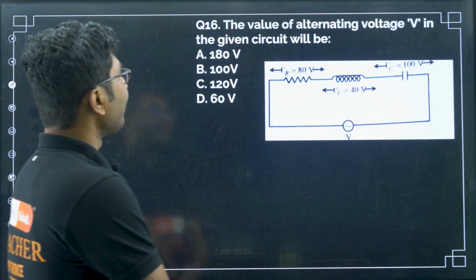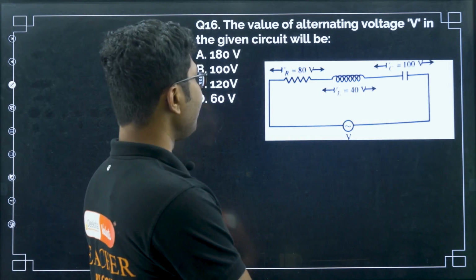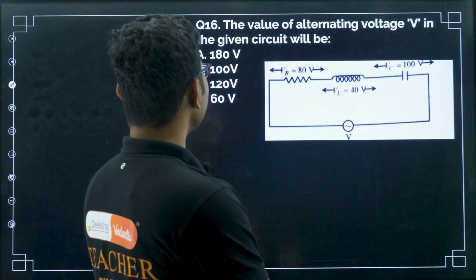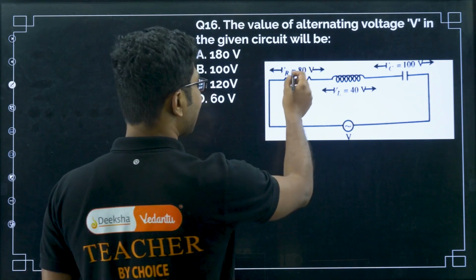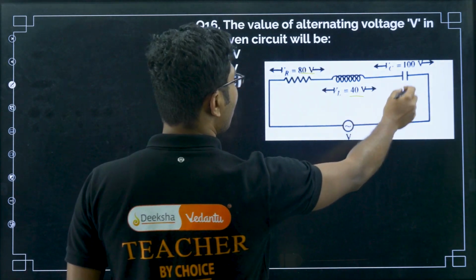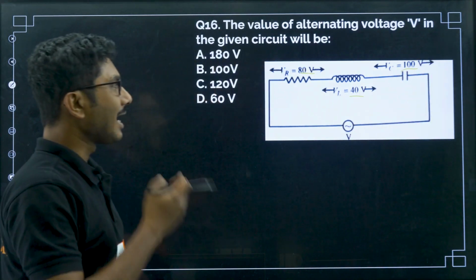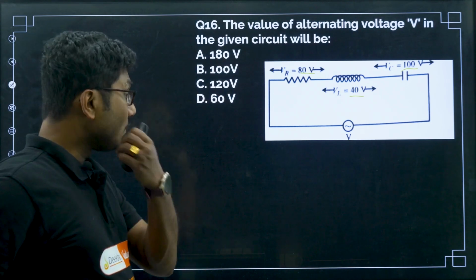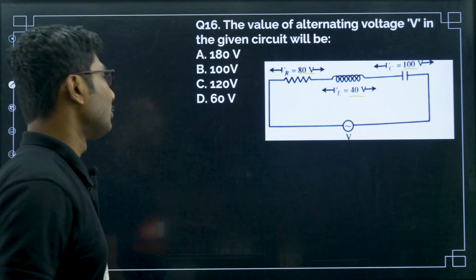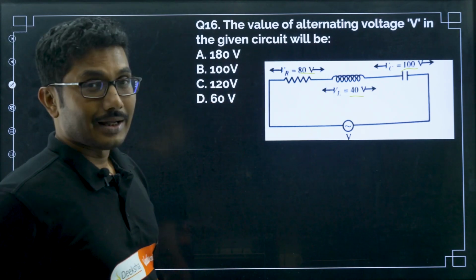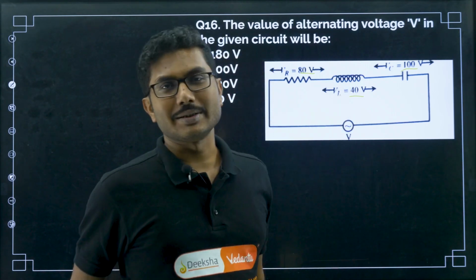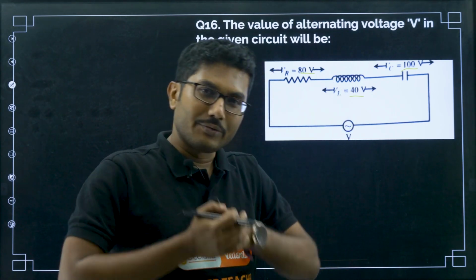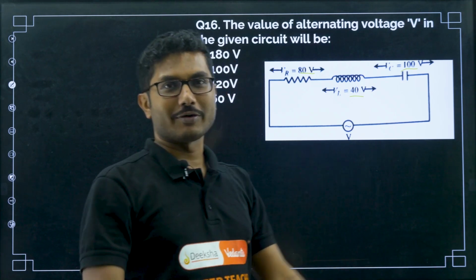Now, next question: the value of alternating voltage V in the given circuit will be. Here they have given you this circuit with 80 volt, 40 volt, 100 volt, and they asked what is the value of V in this case. This might appear simple, that there are voltage drops so we just add them. If you just add them, then you will fall for the trap.